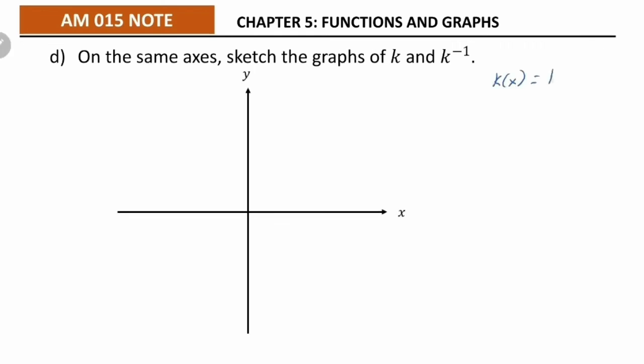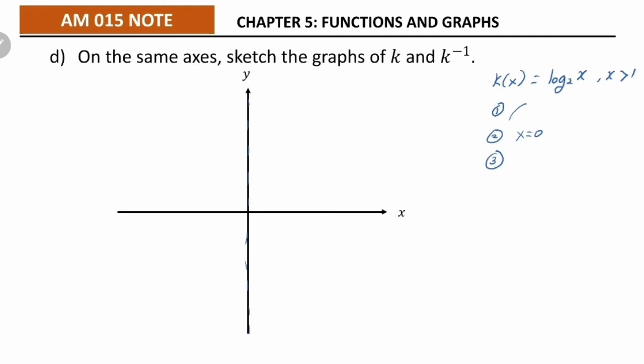k(x) equal to log x base 2 for x greater than 1. To sketch the graph of log, first we need to know the shape. Log positive, x positive, so from above to the right. Second is the asymptote. The asymptote is x equal to 0. Third, sketch the graph. The graph is close to the asymptote and to the right, so here.